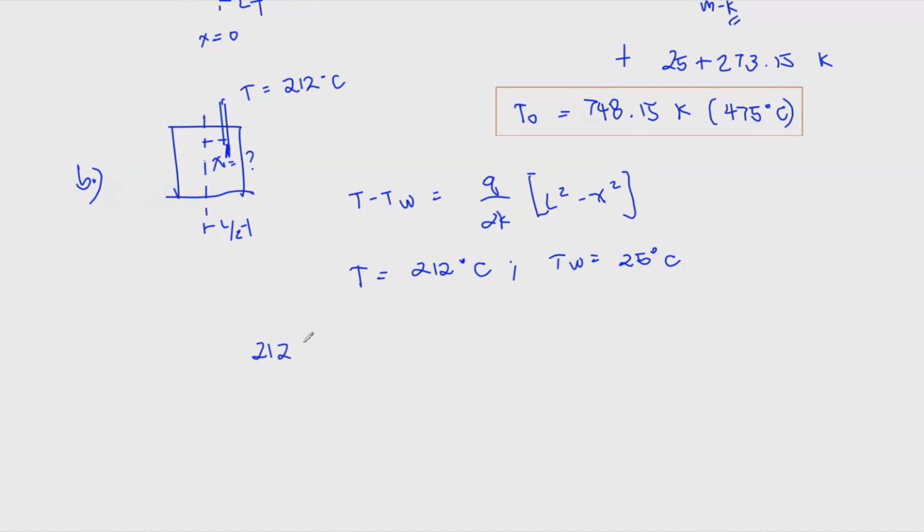Now this is what I've been telling you before: you can add 273.15 here so that we get a Kelvin value consistent with the units on the right side. But since we'll be subtracting T minus TW, we can actually not convert this portion, to simplify the calculations.